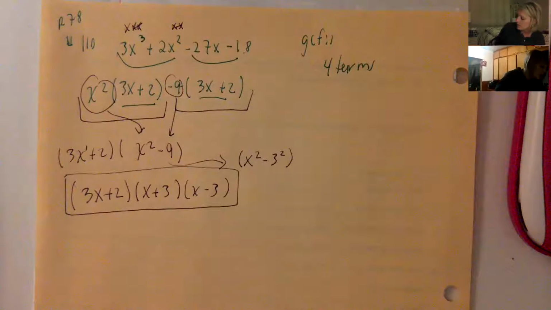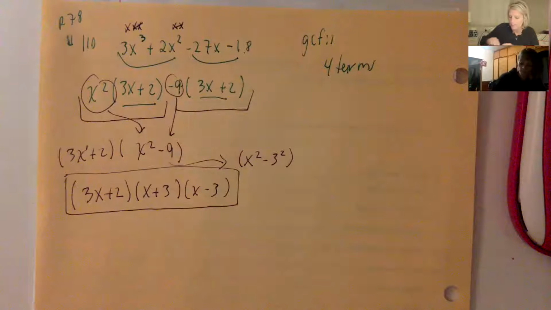Y'all want to do another one? Is there another one on your list, Kate, for your class? Probably like 111 or else 109. Yeah, 109. Want to do that one? Okay, let's do 109 for Kate.